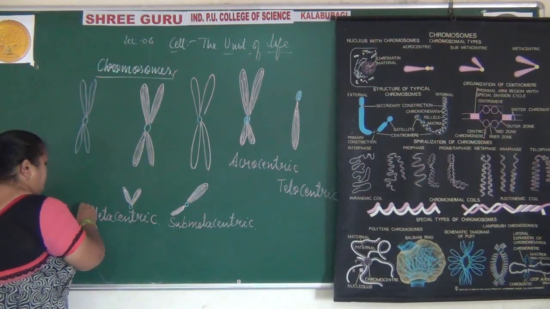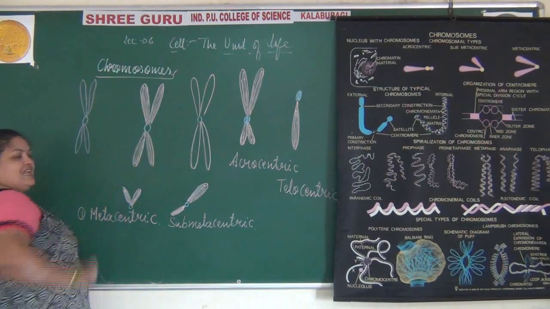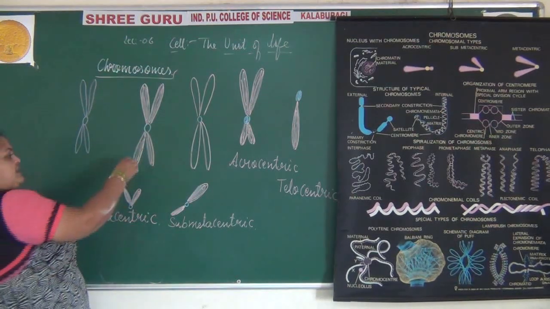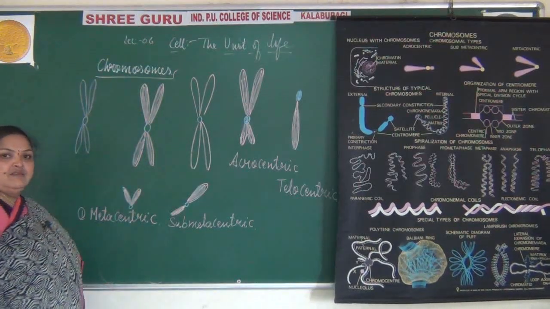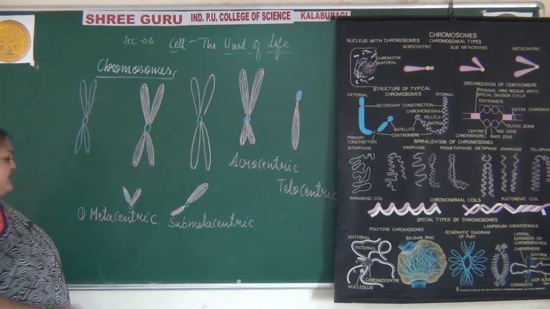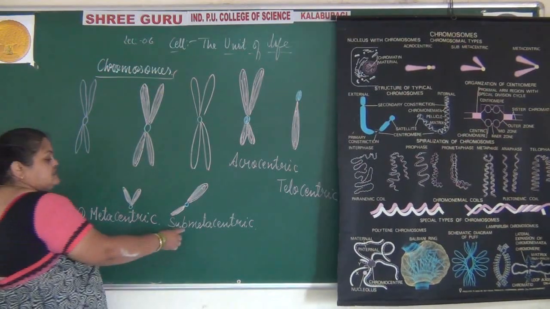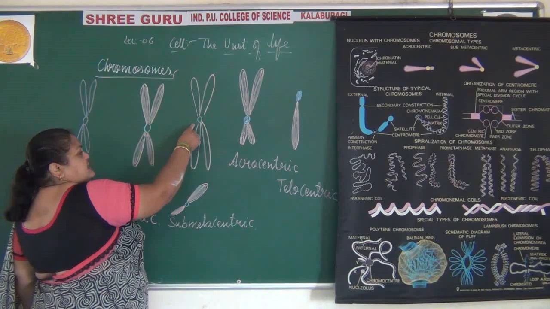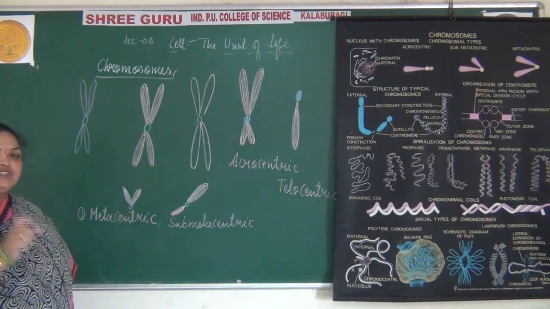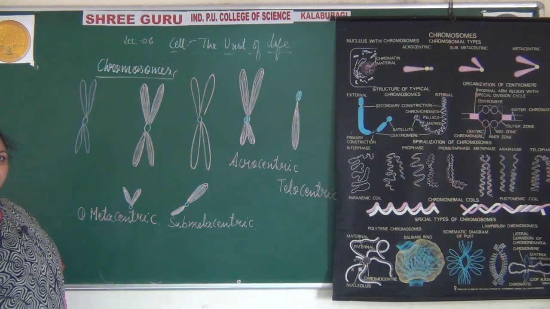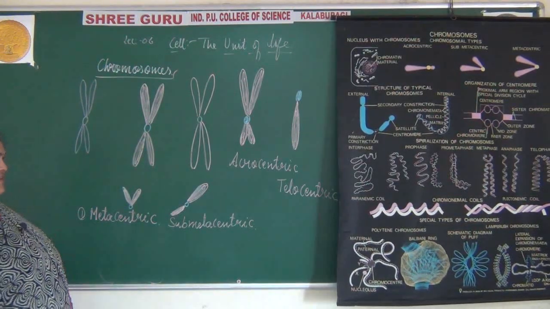First one is metacentric, that is, if the centromere is exactly at the center and the two arms are of equal size, it is called metacentric. In submetacentric, the centromere is slightly away from the center. It is not exactly at the center, so that is called submetacentric.